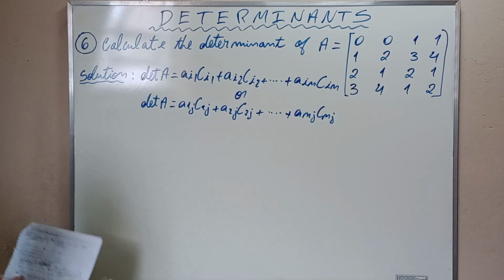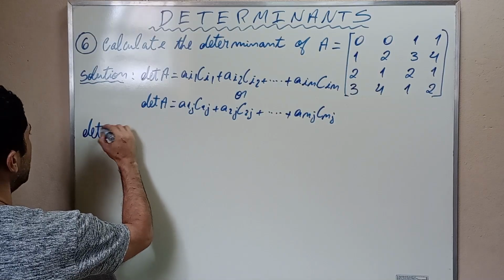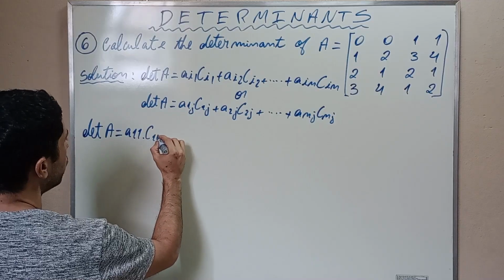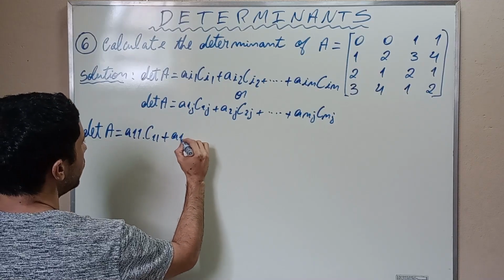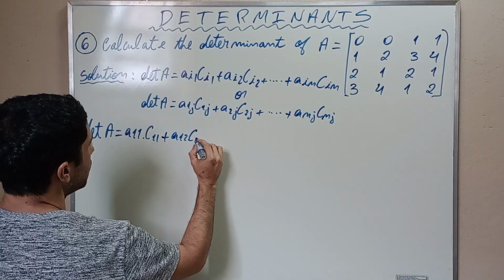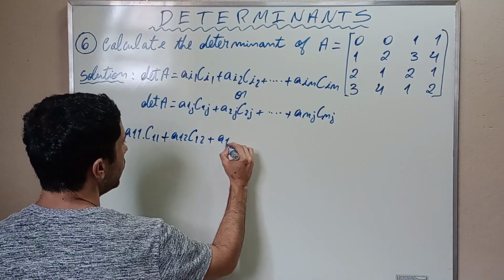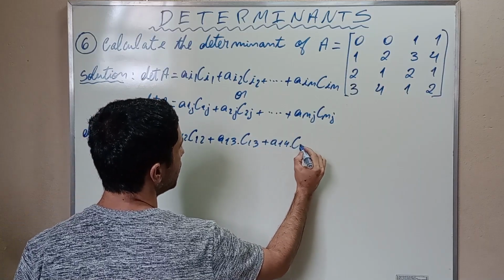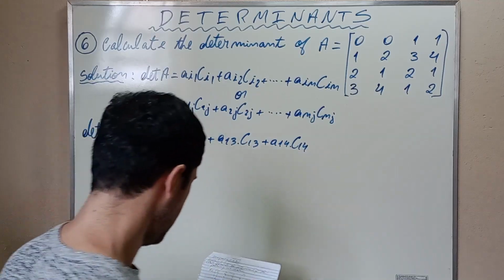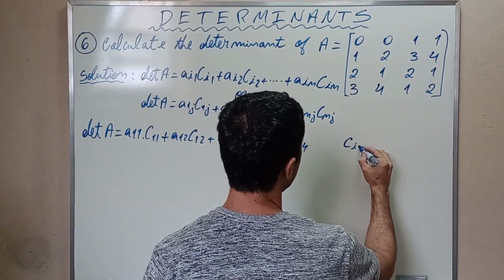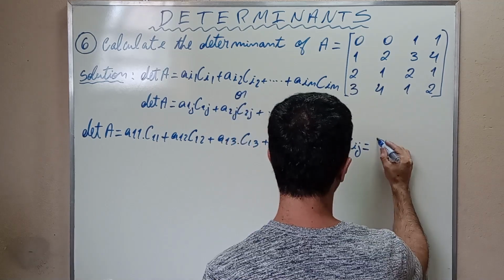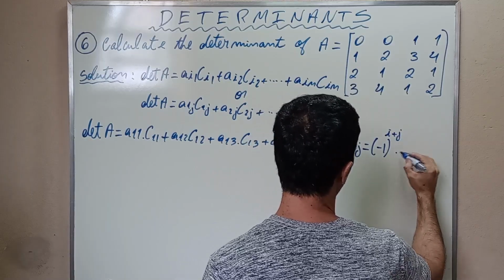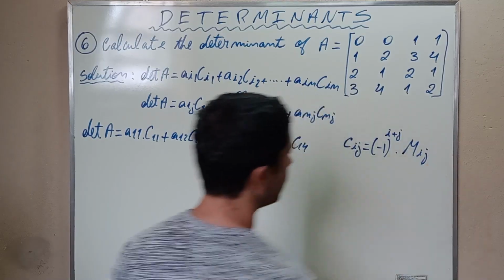And in this way, the determinant of matrix A will be A11 times C11 plus A12 times C12 plus A13 times C13 plus A14 times C14, in which Cij is equal to -1 raised to the power of i plus j times Mij.